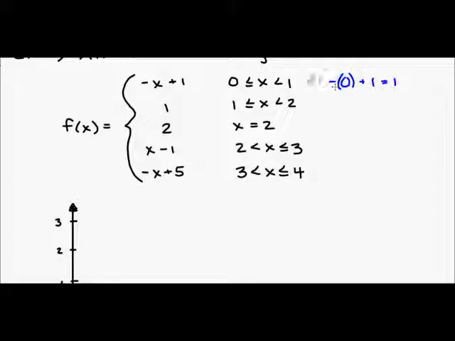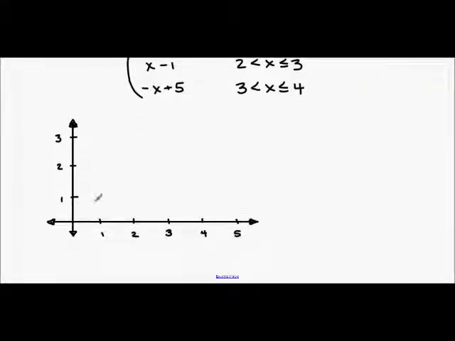And at 1, although that would be an open circle at 1, we have negative 1 plus 1 is 0. So we have a little straight line from (0, 1) to (1, 0). Okay, next part.